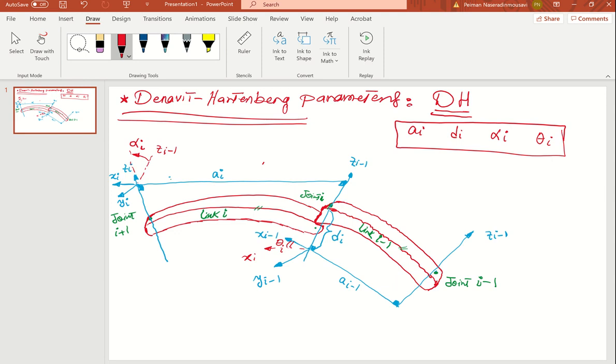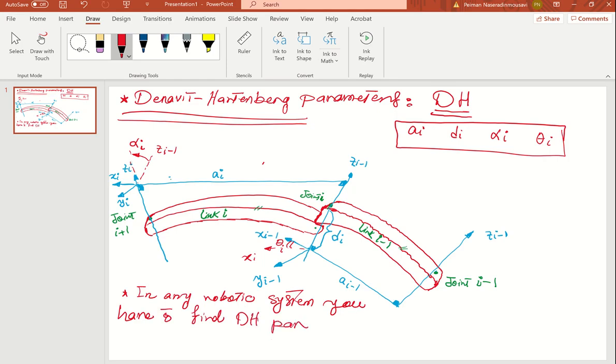Understand? So, in any robotic system, you have to find DH parameters.